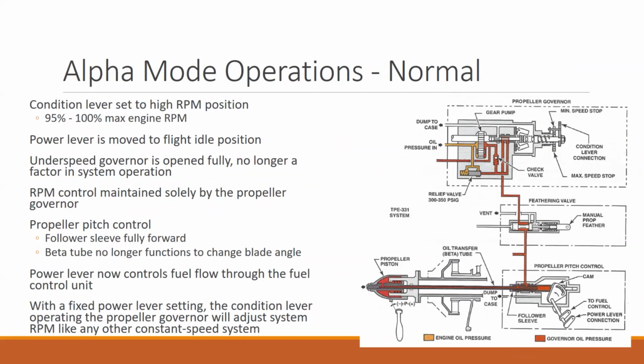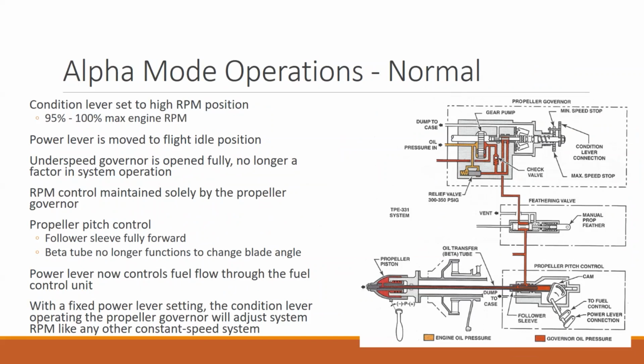Or did we go behind it to dump pressure out altogether when we want to go to feather? In this case now, by pushing the follower sleeve all the way forward, it basically just becomes a pass-through where oil pressure coming from the prop governor can just pass through the pitch control and in and out of the prop piston. Okay? And that's done by the cam system here.